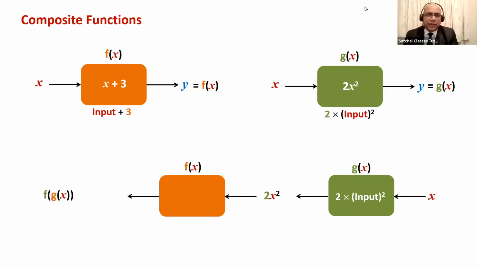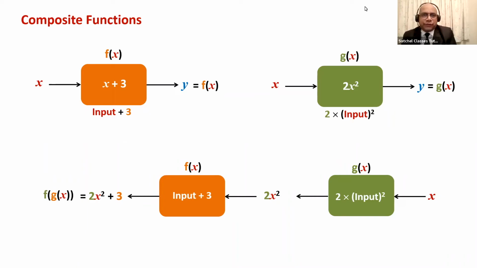It simply adds 3 to the input and gives us the output. So if the input was 2x squared, it will just add 3, giving 2x squared plus 3. So f of g of x can be represented as 2x squared plus 3.